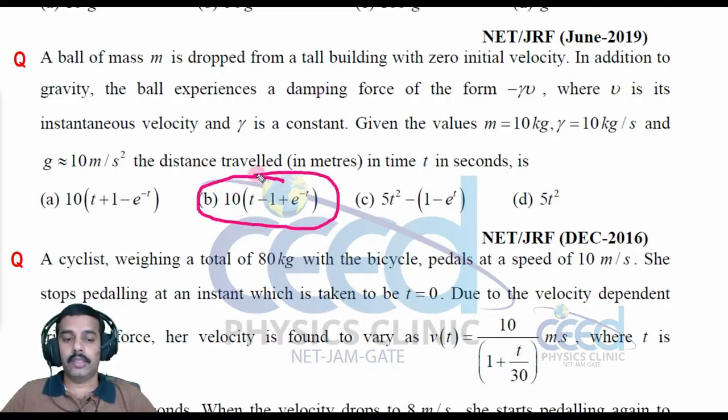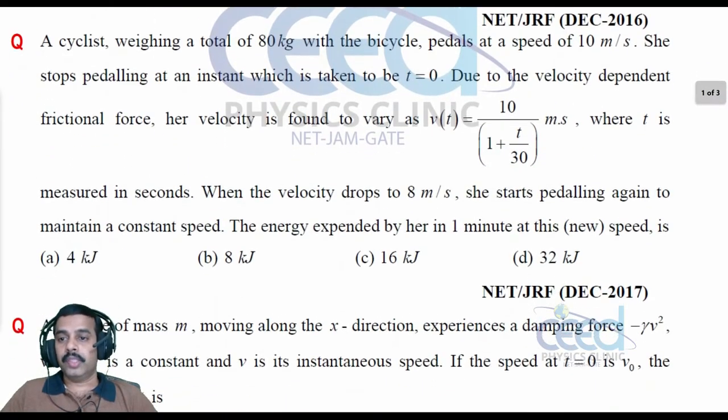All right. Now let us come to another problem. A cyclist weighing a total of 80 kg with a bicycle pedals at a speed of 10 meter per second. She stops pedaling at an instant which is taken to be t is equal to 0, due to the velocity dependent frictional force. Her velocity is found to vary.